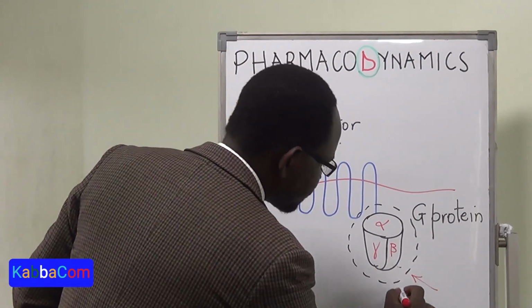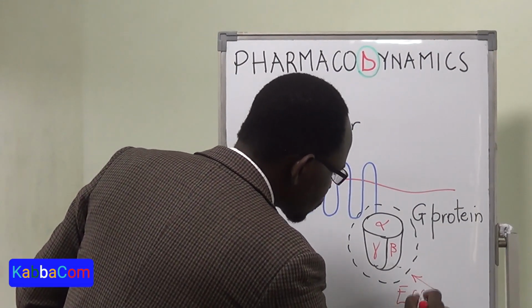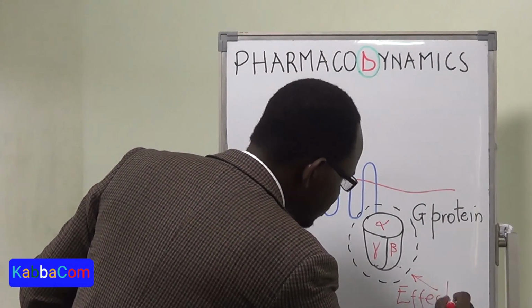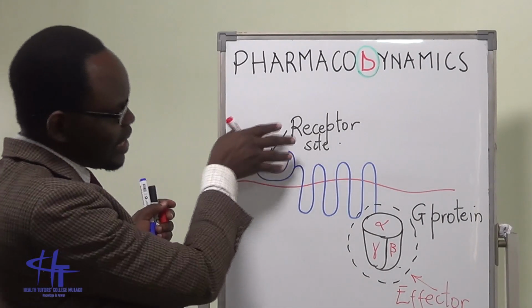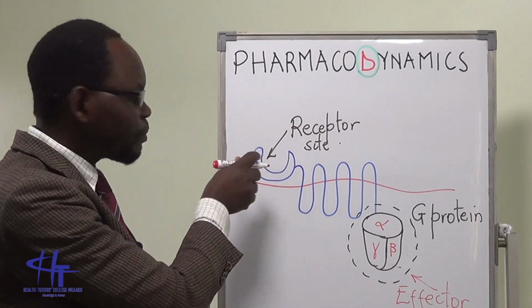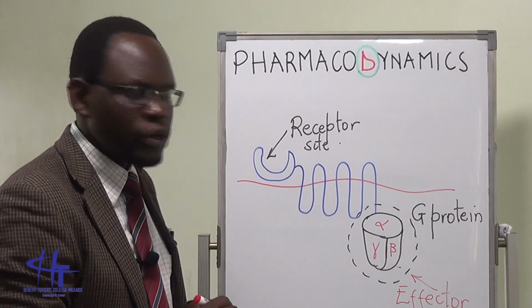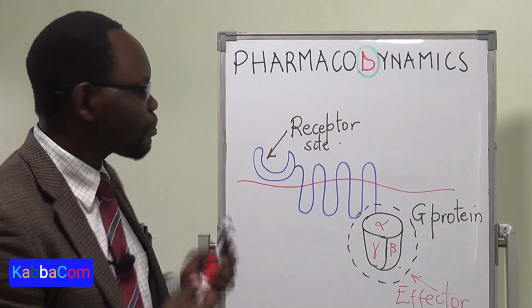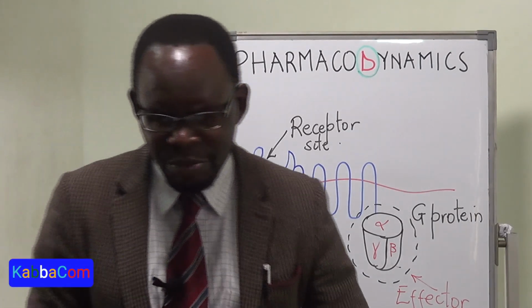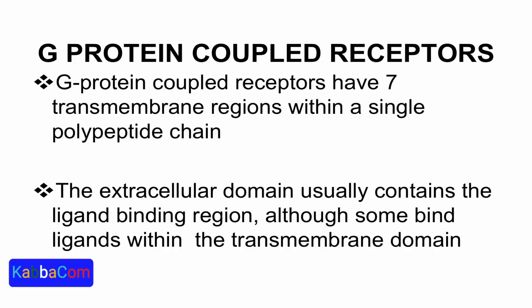So in other words, once a ligand binds here, as we are going to see, then we see changes within this G protein. That is why we refer to it as the effector site. Now, this G protein is basically a polypeptide chain that traverses the cell membrane 7 times.